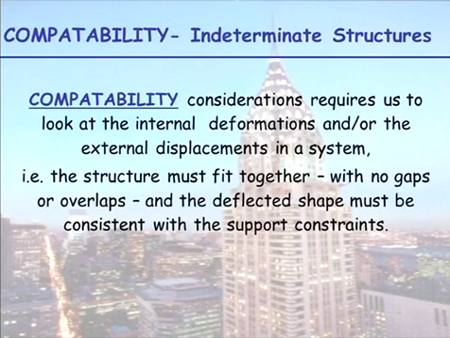So again, what are these compatibility relationships we're talking about? Compatibility consideration requires us to look at the internal deformations and or the external displacements in a system. It means we have to look at how the structure fits together, that we can't have gaps or overlaps in things.